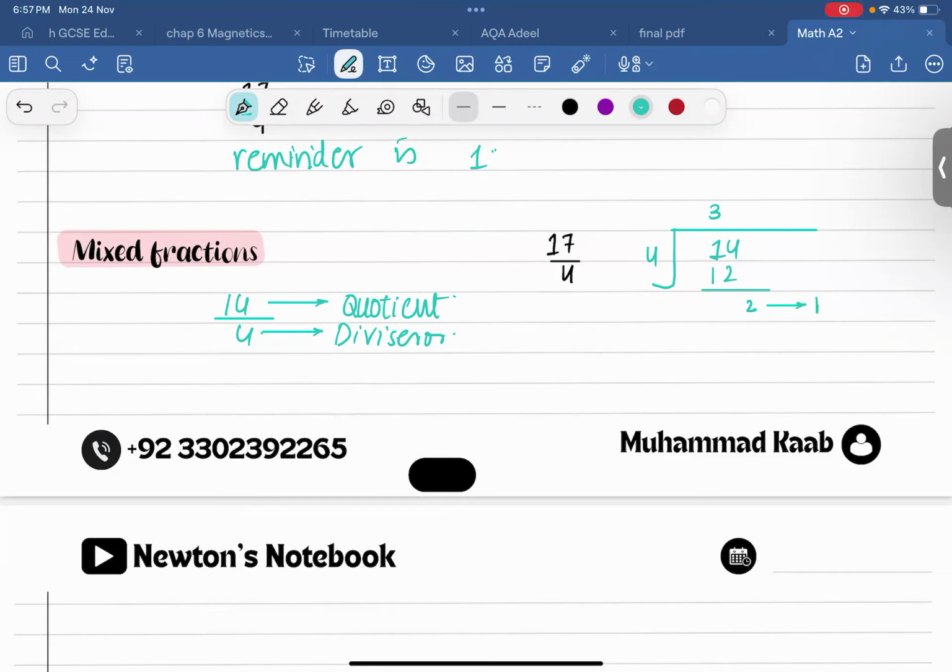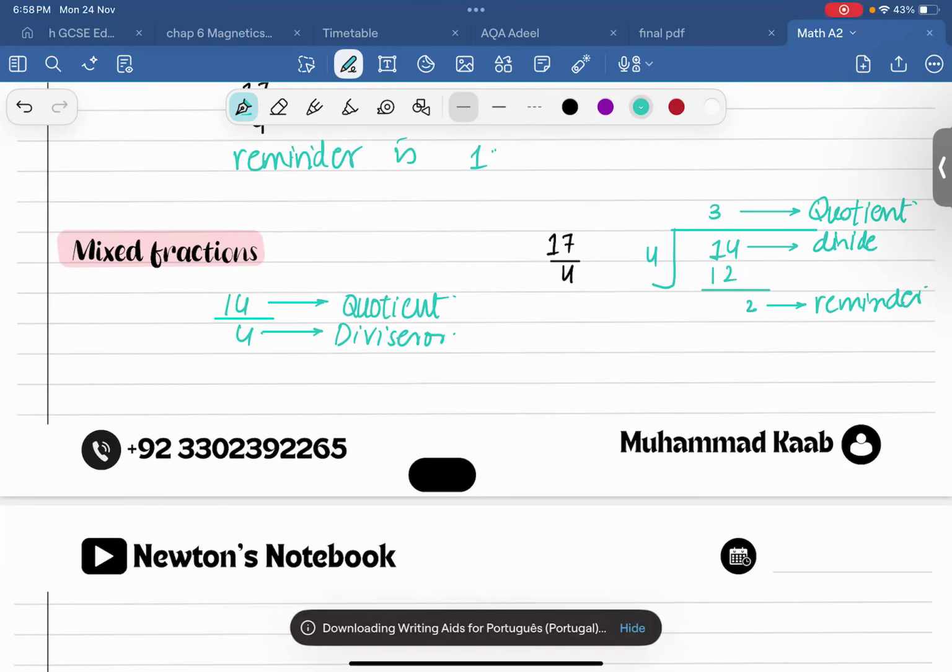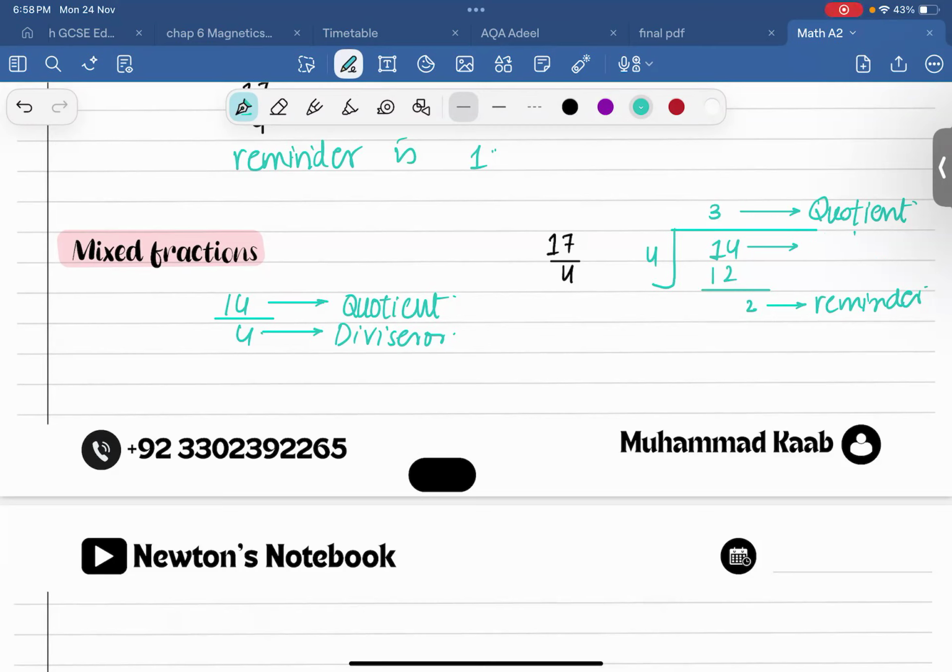Okay, so this is the remainder, and this is the quotient, by the way. And please don't forget to memorize the names. This is going to be the dividend, and that is going to be the divisor.